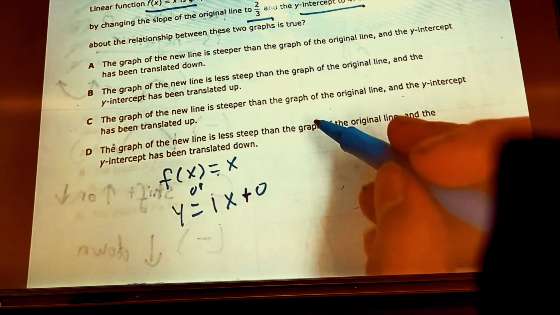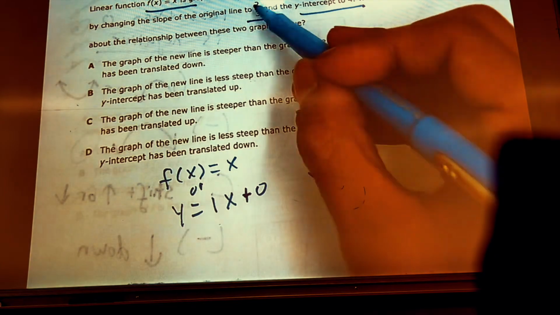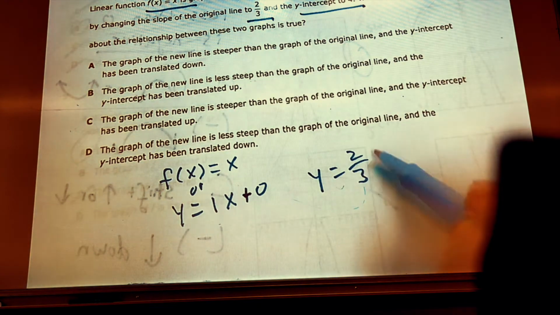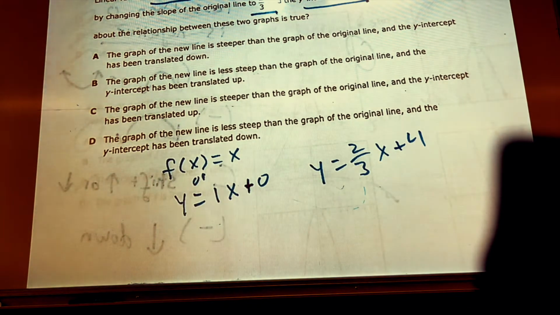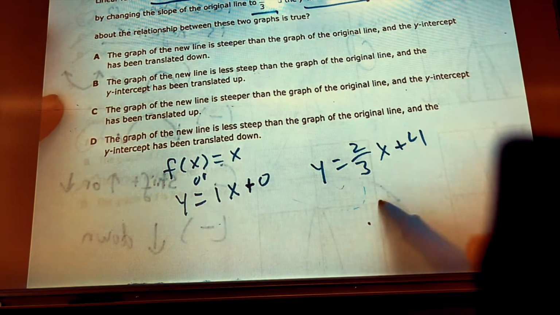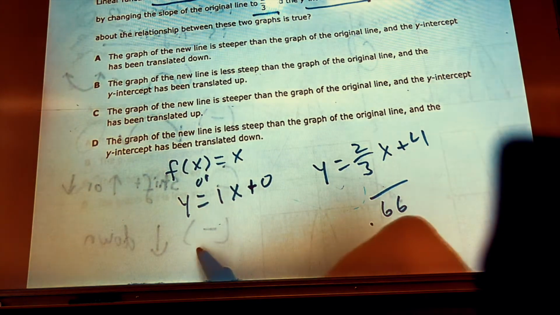And now we can compare it to this new one here, which is y equals, the slope is 2/3 x, the y-intercept is 4. So maybe if we looked at it like this, it might be a little easier for you. Is that okay? All right, fine. Now, which one is steeper, the left or the right? Left, because this is 1 and this is 0.6 repeating. So this one is steeper.